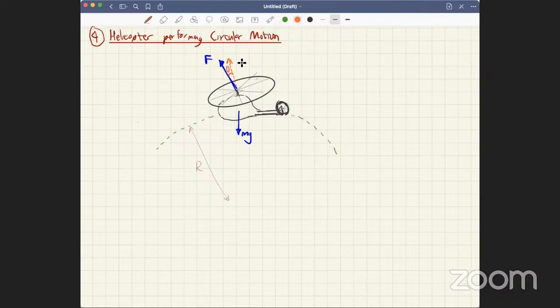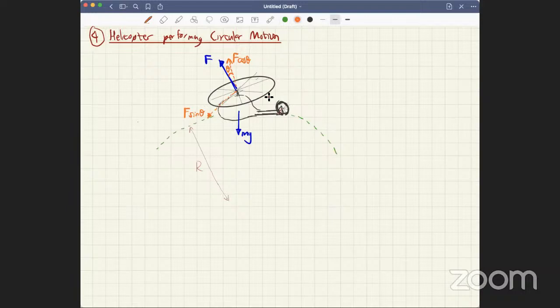If this is theta, this is F cos theta, whereas the component towards the center of the circle is going to be F sin theta. So in order for it to move forward, the blades must always be tilted.